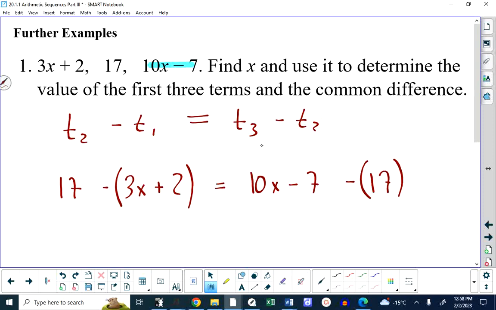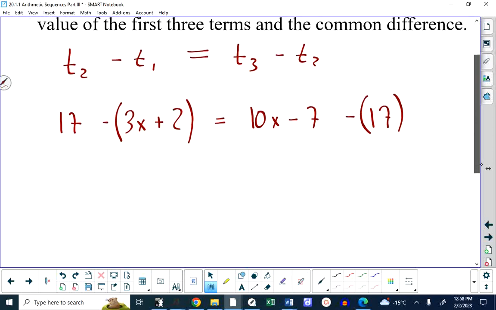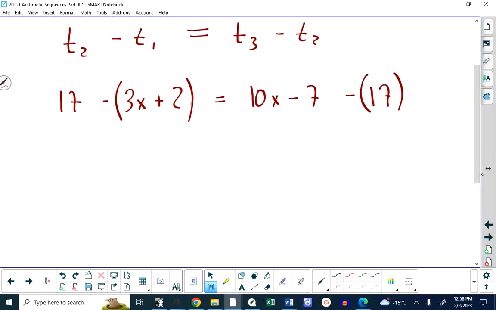Now we have to talk about how you've been taught to handle this bit of business that I have over here. So let me tell you how I do this. I peel off the brackets and say to myself in my head, I am subtracting 3x and I am subtracting 2.